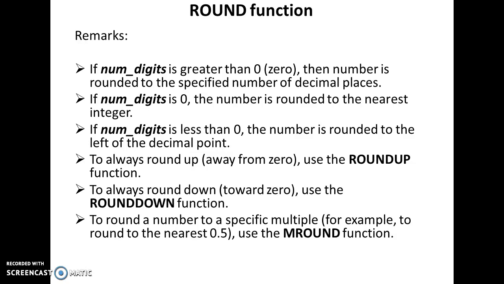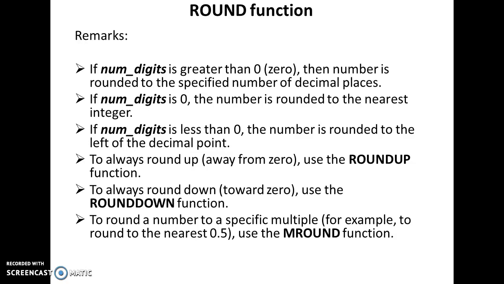If num_digits is greater than 0, then the number is rounded to the specified number of decimal places, like we have just seen in the example of A1. If num_digits is 0, the number is rounded to the nearest integer. If num_digits is less than 0, the number is rounded to the left of the decimal point.